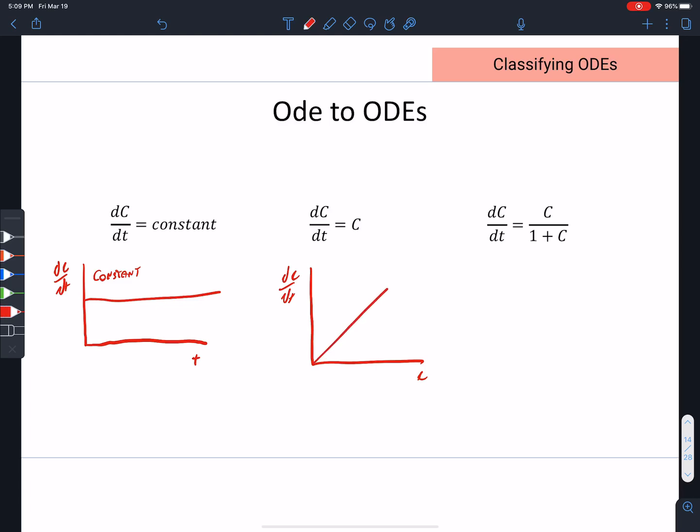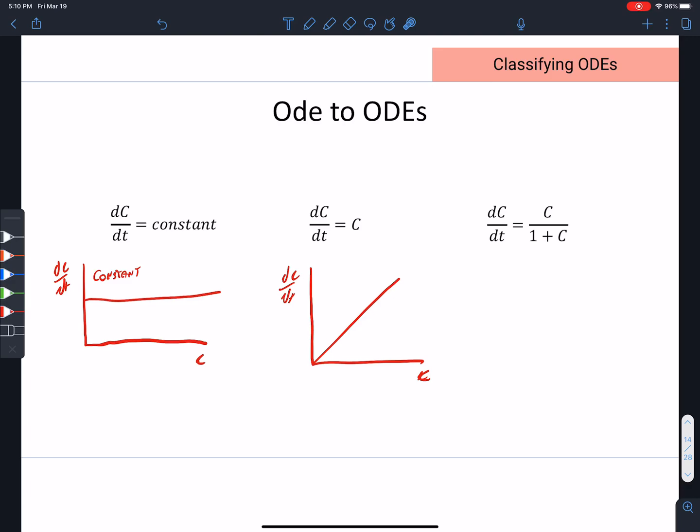This, for example, could be here if the initial value points to crossing here. It may not be, right? But sorry, I mislabeled this axis, didn't I? This should be c here. This is what we're plotting, not time, right? So this function as a function of c, so we can consider c to be the independent variable and this to be the dependent variable, so it becomes simpler, right? So that's one way to look at things.